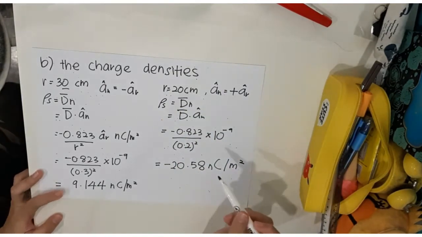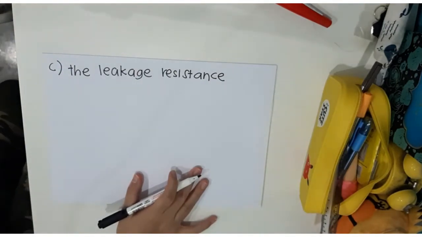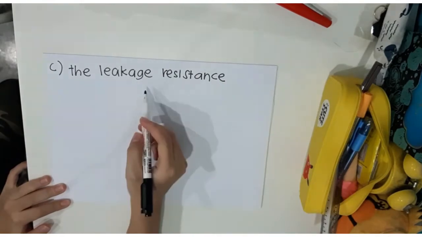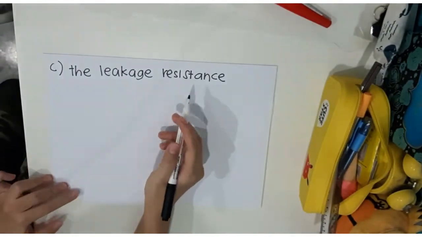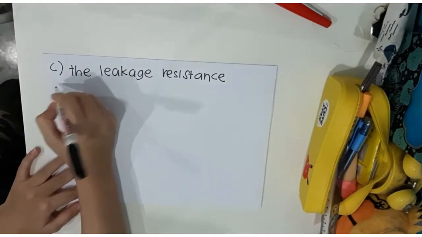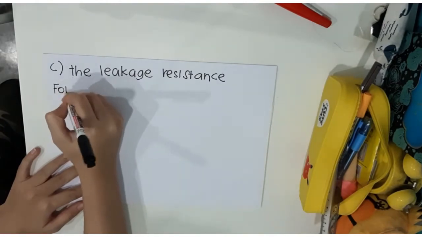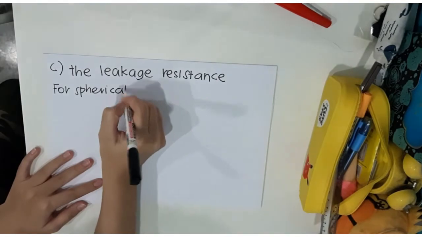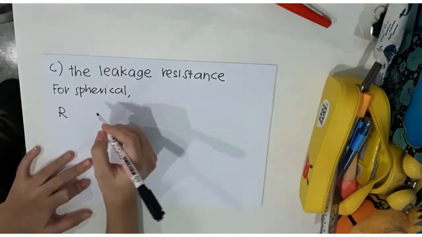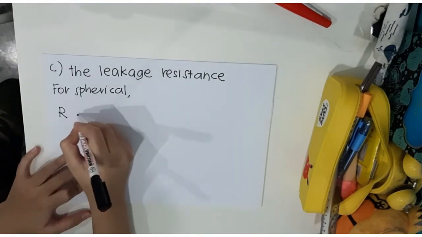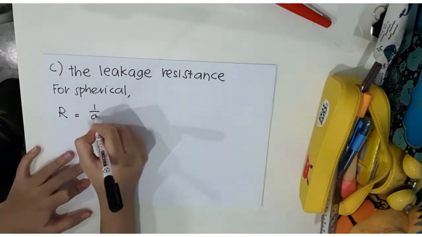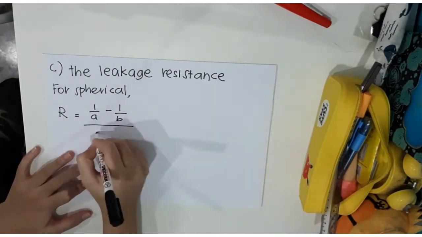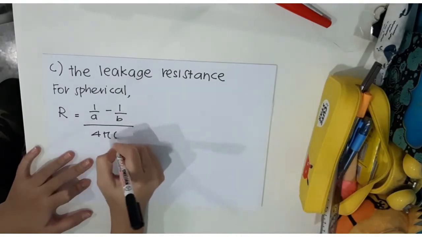For the last sub question C, we need to find the leakage resistance. For this whole question, we know this is spherical. To find the leakage resistance, we will use R equal to 1 over a minus 1 over b, over 4 pi sigma.